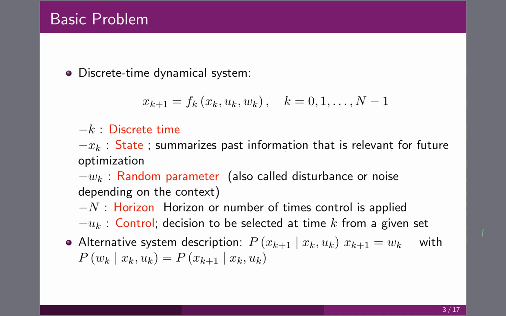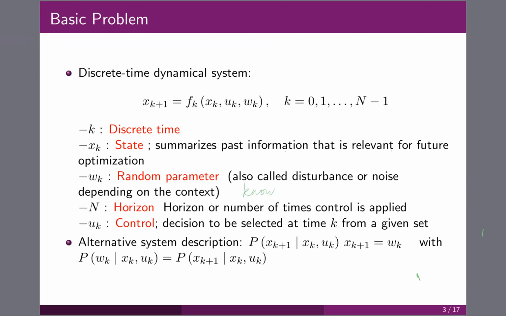And then we have w_k, omega k. Omega k is a random parameter, which we call the disturbance or noise, depending on the context. Here we assume we know the probability distribution of w_k.